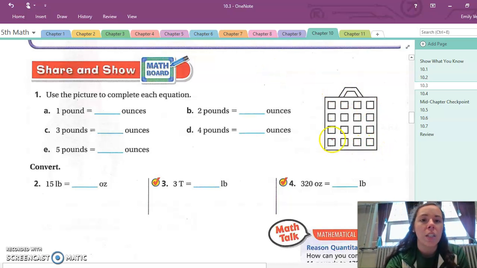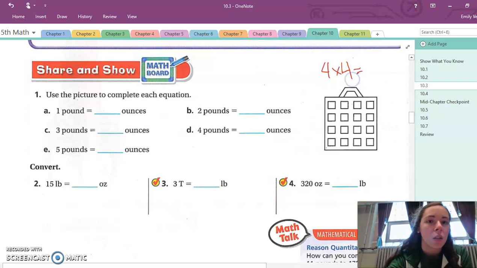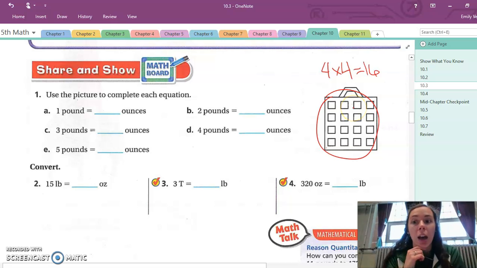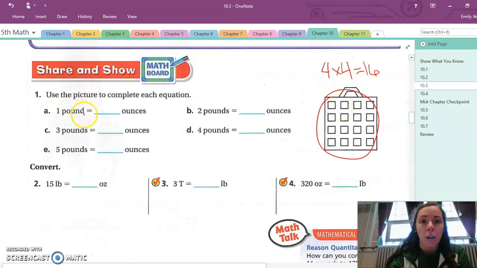This right here is an image of 1 pound, and we can see that each of these guys in here, there's 4 down and 4 across. 4 times 4 makes 16. So that means these guys in there must be ounces. Use the picture to complete each equation. So we're going to use this. 1 pound is how many ounces? What did we just find? 16.